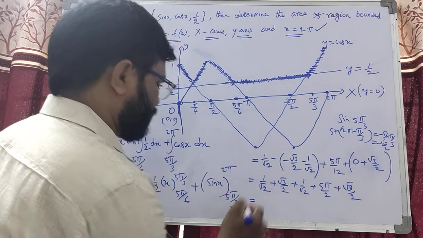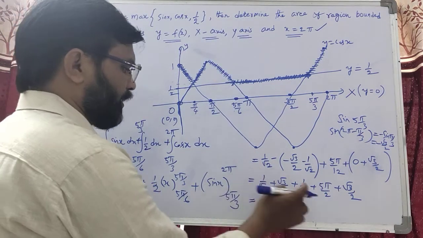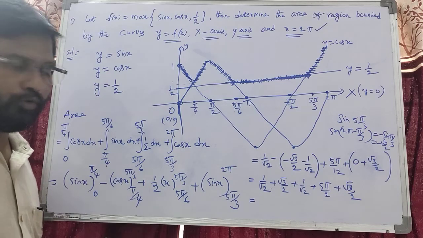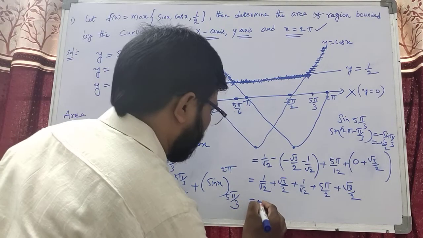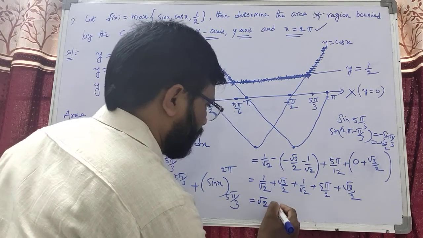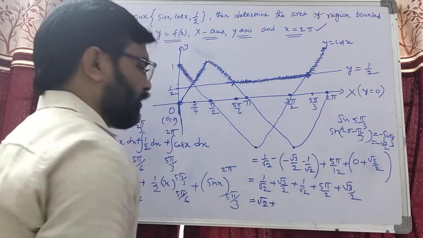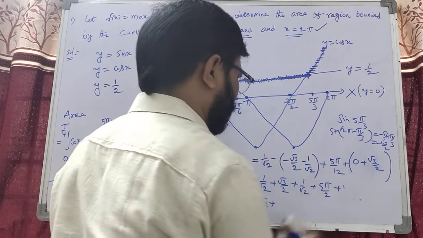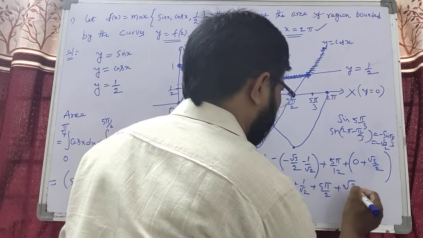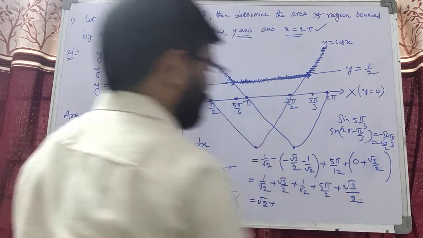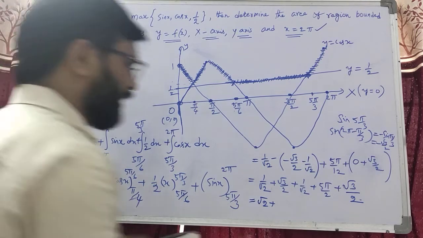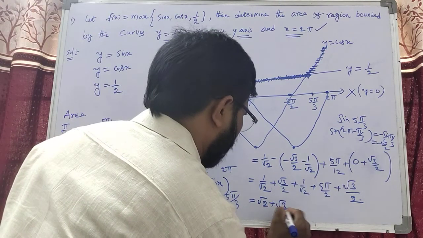Now first, 1 by root 2 plus 1 by root 2 is 2 by root 2, which is root 2. Then root 3 by 2 plus root 3 by 2 is 2 root 3 by 2, the 2 cancels, we get root 3.